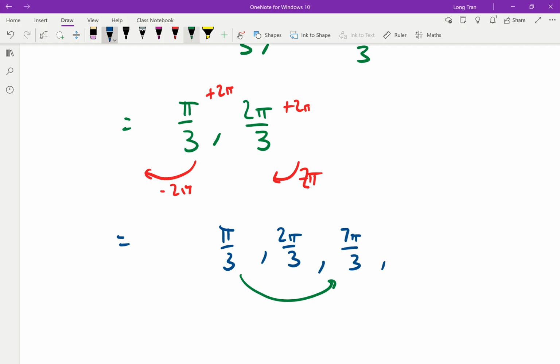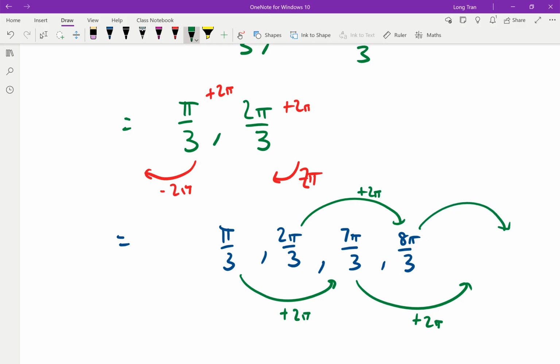Then if I do the same thing for this one, adding 2 pi, that's like adding another 6, so that is 8 pi on 3. And then you can keep going if you want. You can just keep following that same pattern. Add another 2 pi to each, and what you're going to get, if you add another 6, is 13 pi for this one, and the other one is 14 pi on 3.